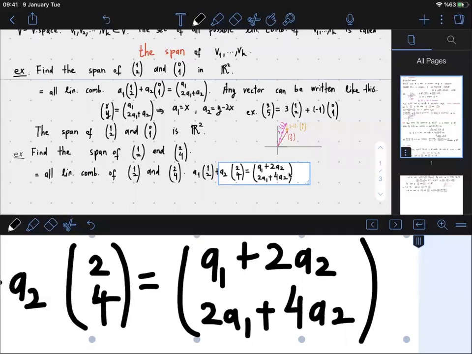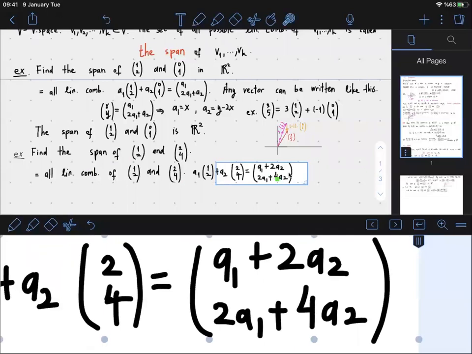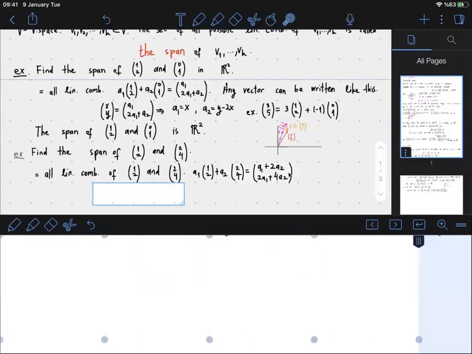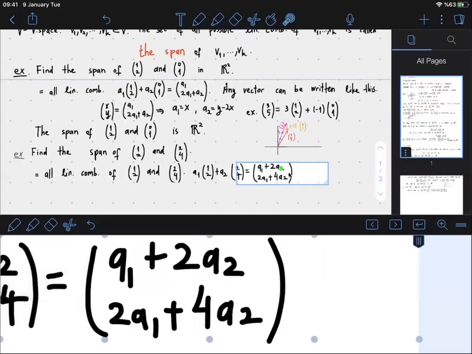The second component is 2 times the first component. So I can only reach vectors whose second component is twice the first component. I cannot reach the other vectors. For example, 3, 5 is not in this span because 5 is not 2 times 3. So I cannot write 3, 5 in this form. I can write 3, 6, but 3, 5 cannot be written.